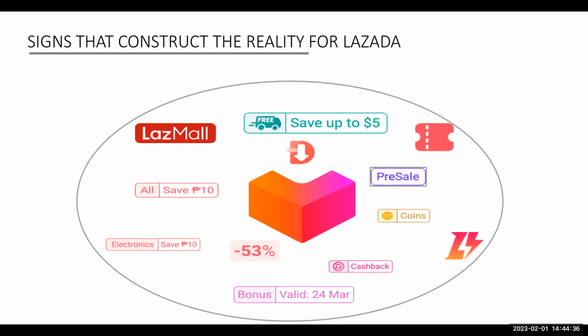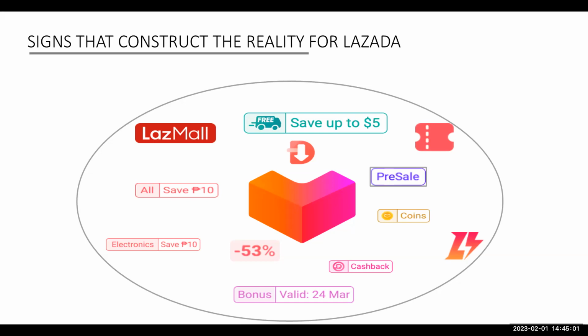And how does all of this create the reality for Lazada? What does it say at an overall level? What does it say about Lazada? Does it say it's a place for value for money shopping? Does it say it's a place for authentic shopping? Because that's the value we've seen over and over in all our studies.